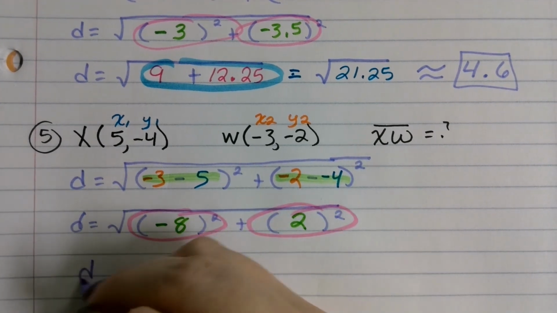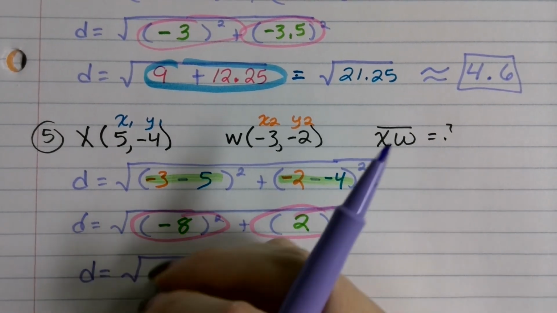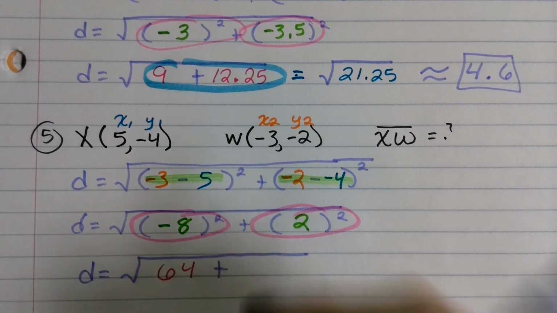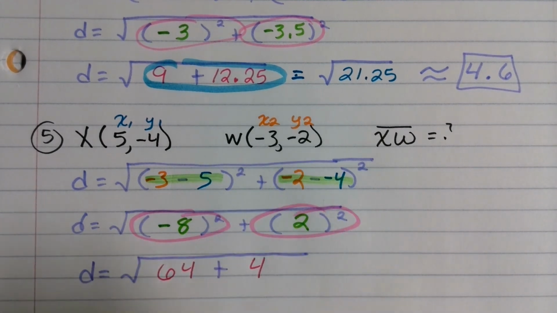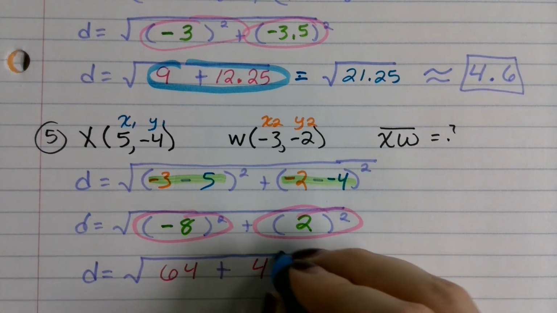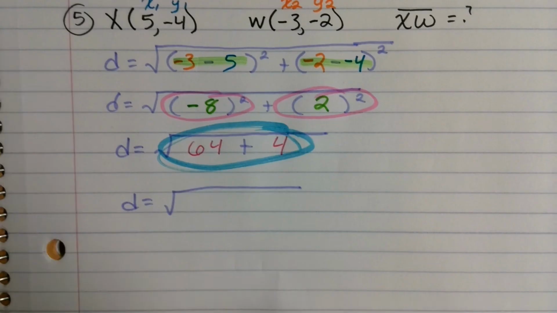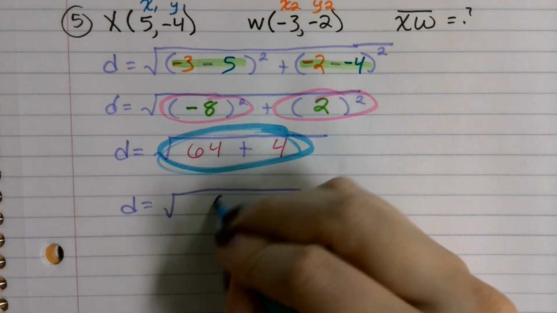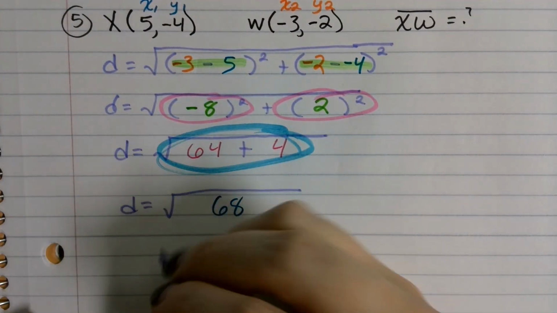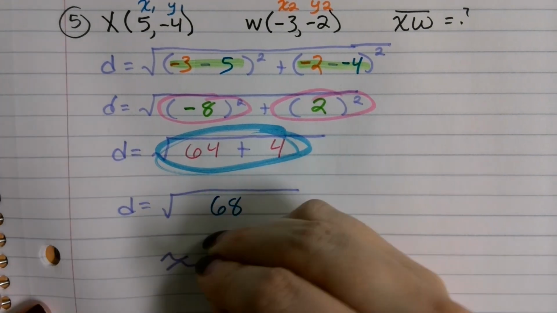So you're going to get d is equal to the square root of 64 and 4. Then you need to actually add those numbers together. What's 64 plus 4? 68. So you now have the square root of 68, and the square root of 68 is approximately 8.2.